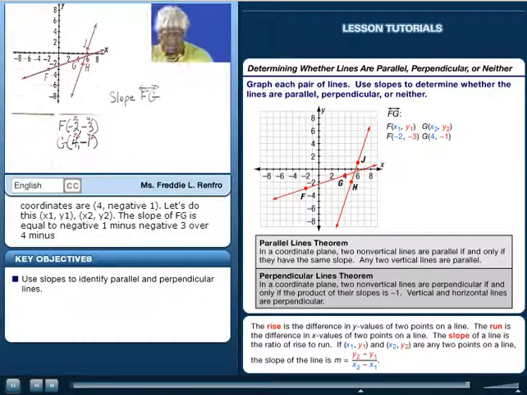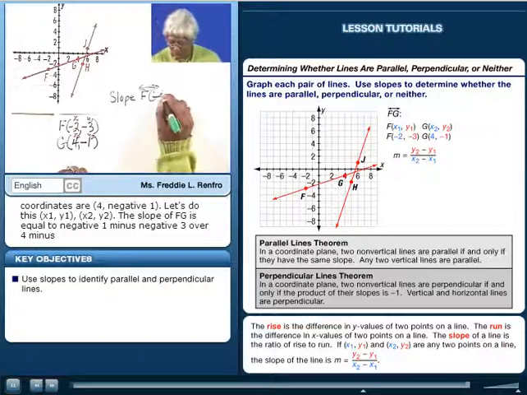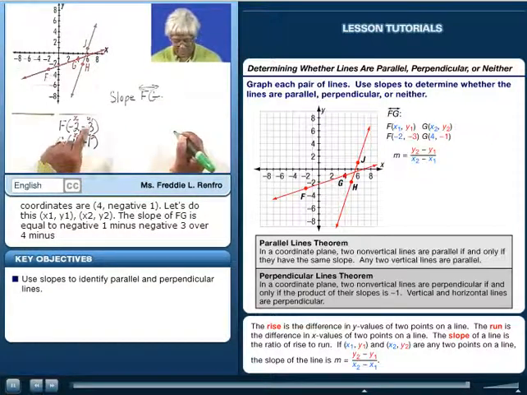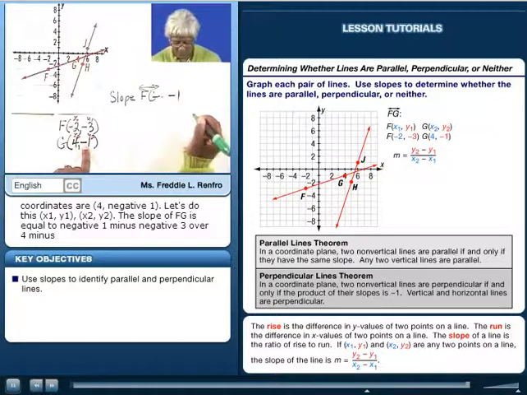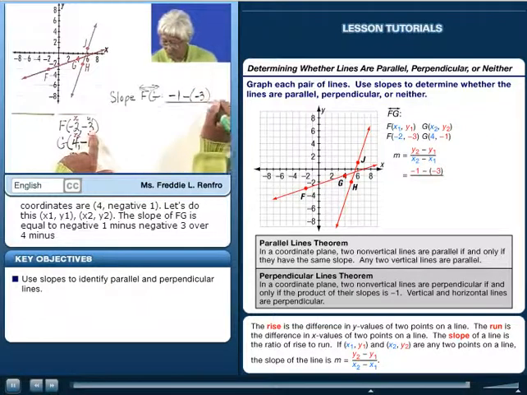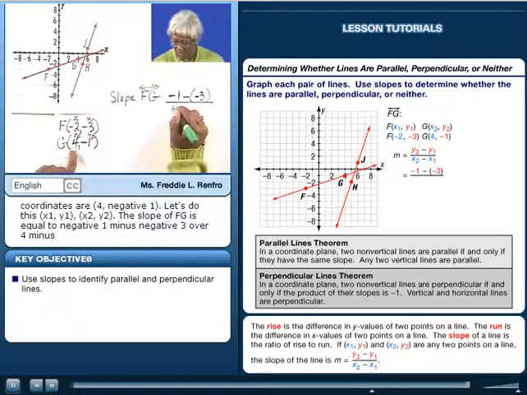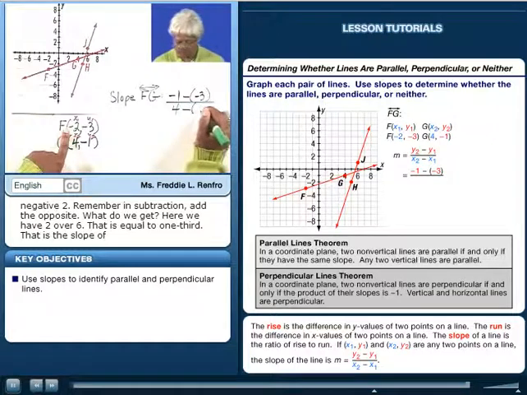Okay. Let's do this: X1, Y1, X2, Y2. Now, the slope of FG is equal to negative 1 minus negative 3 over 4 minus a negative 2.